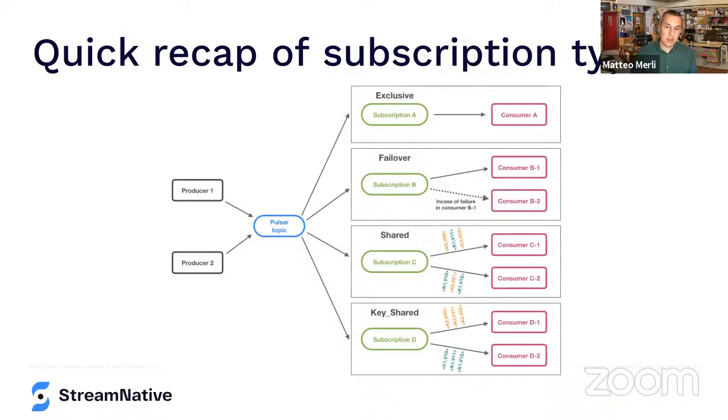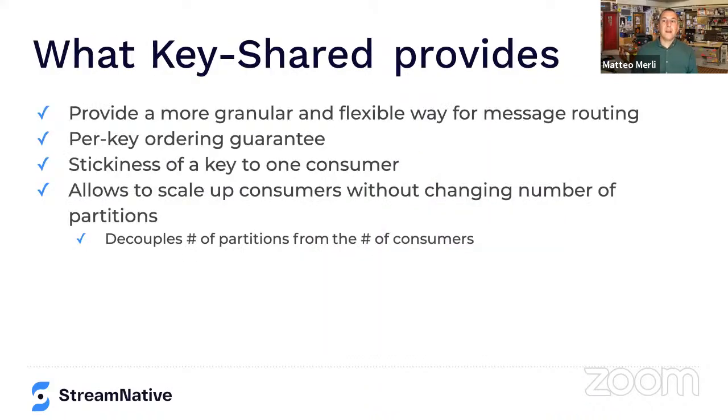So let's talk a bit more about that. It's essentially a more granular and flexible way to do message routing. And the guarantee here is per key. In failover, you basically have per partition ordering. But at the end of the day, you route messages to partitions, and the property that you are interested in is not just to consume the data in the partition, it is a key.